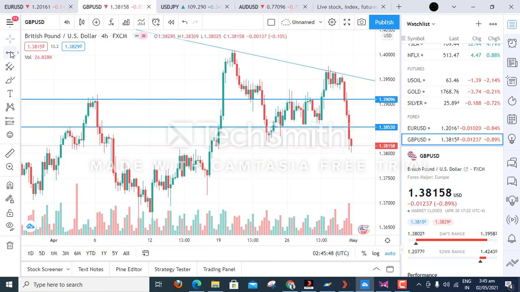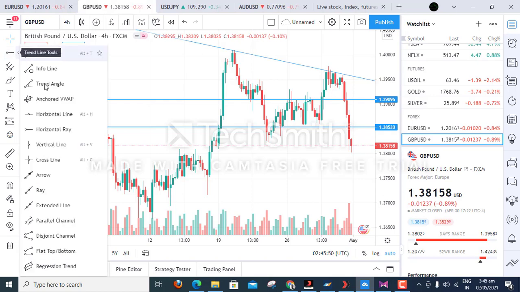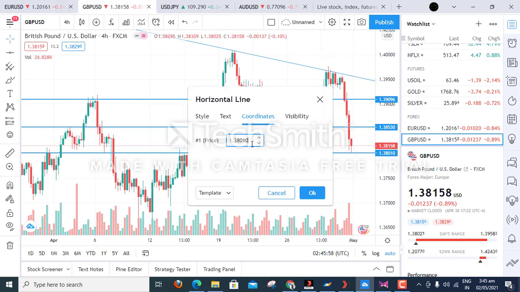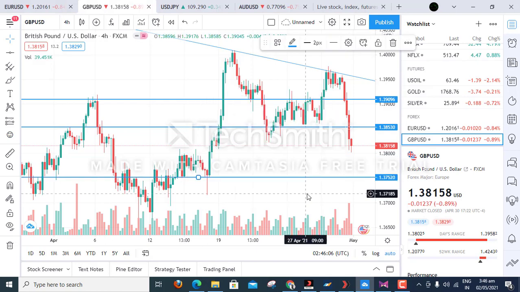Okay, let me pick it. It's going to be 1.37520. So this is our TP. This is our entry point, our stop loss, and likewise our TP.